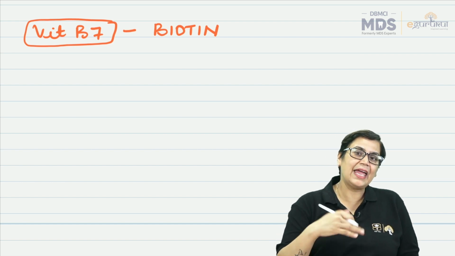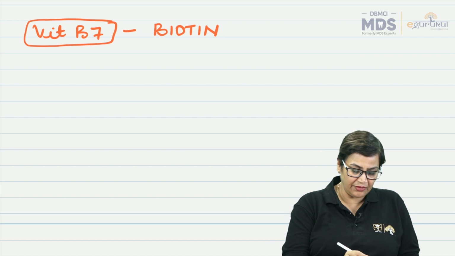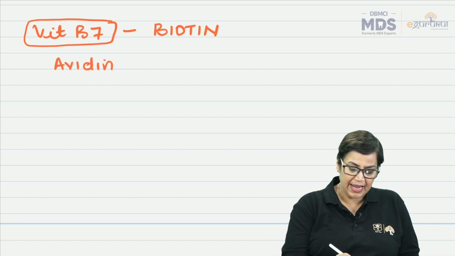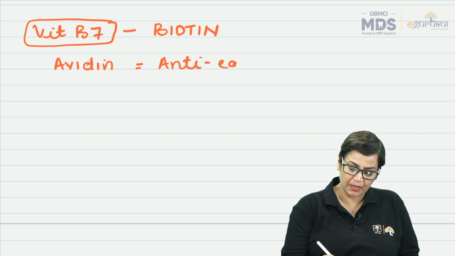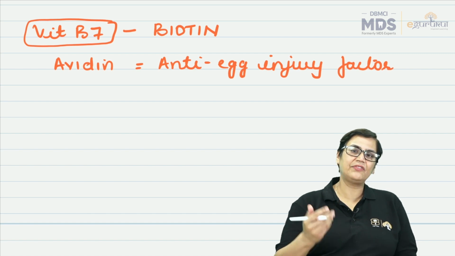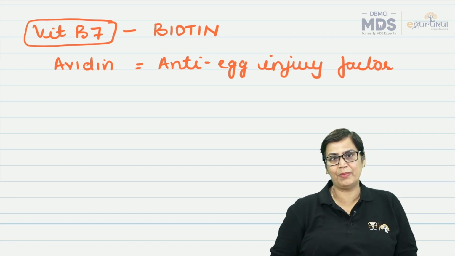And there is an antidote of biotin which is avidin, the anti-egg injury factor. Actually, injury factor. This interferes with the action of biotin.